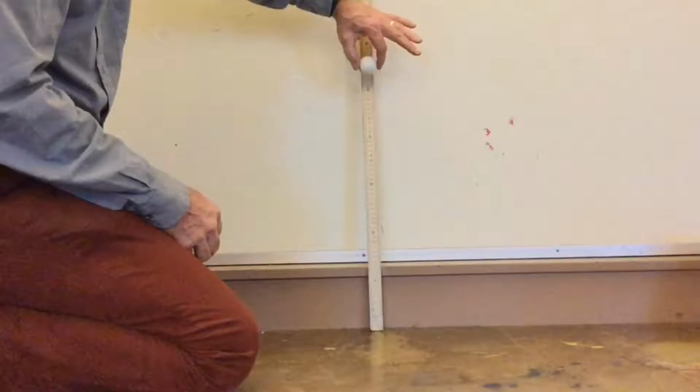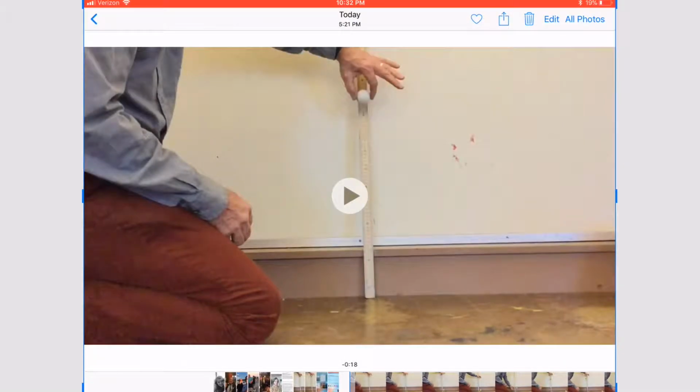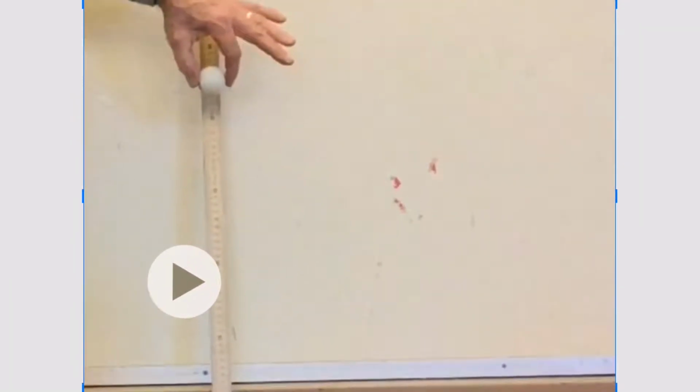So let's just look at the original height of the ping pong ball. We'll take a screenshot and look at this up close. Now if we look right here, you can see that the ball itself is right at 53 centimeters.